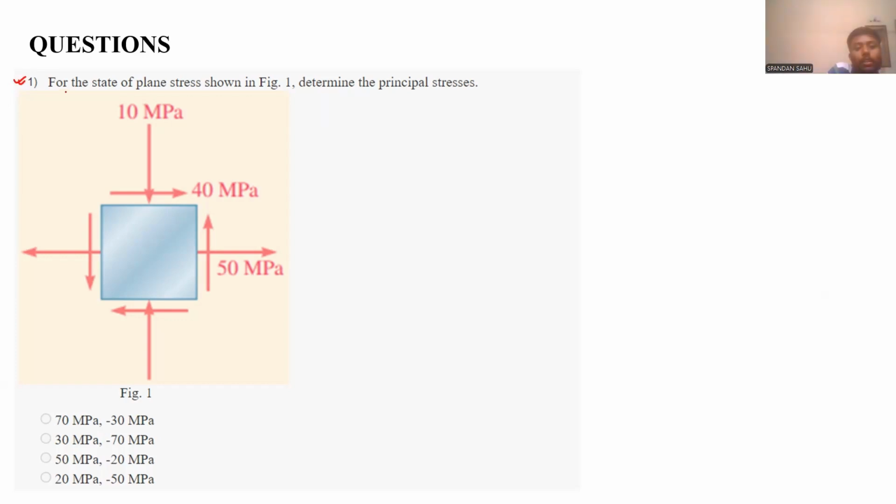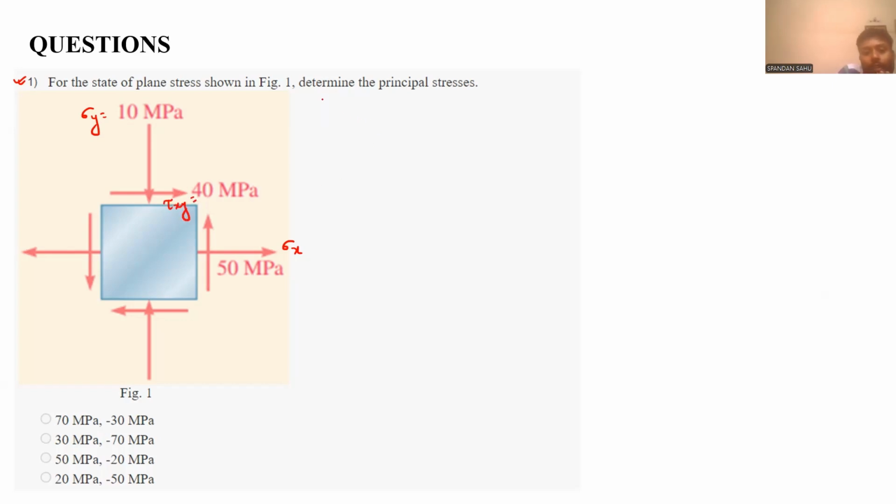Read the question. For the state of plane stress shown in figure 1, determine the principal stresses. So in this square element, they are showing that sigma x is given as 50 MPa, sigma y is given as 10 MPa, and tau xy is 40 MPa.